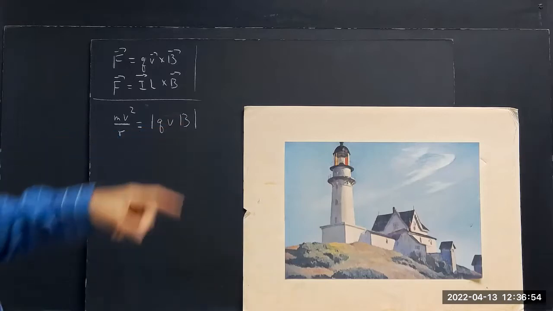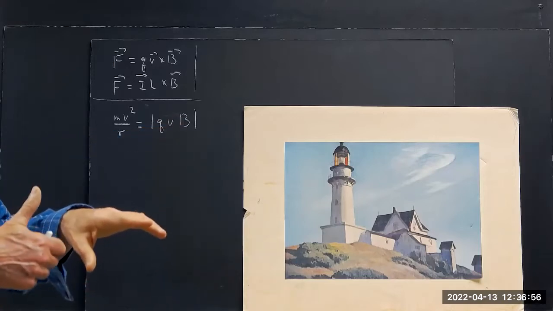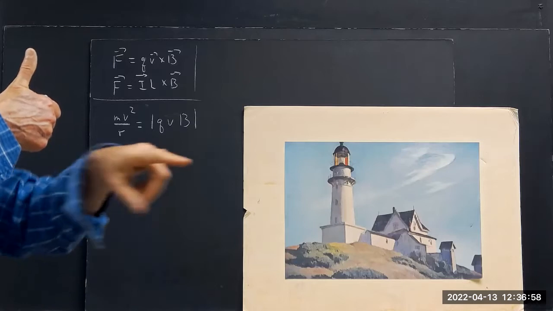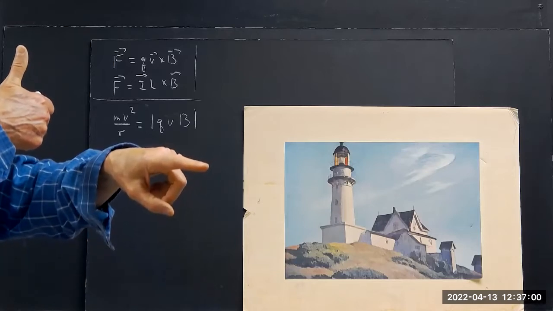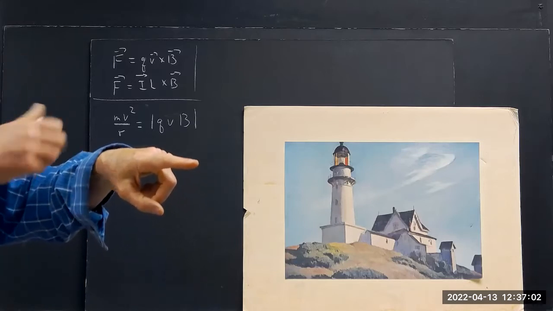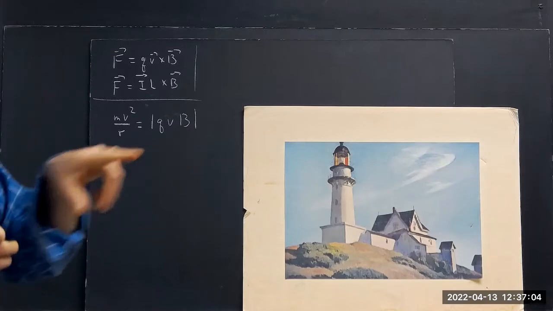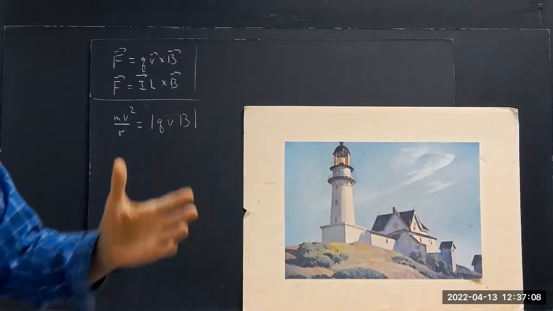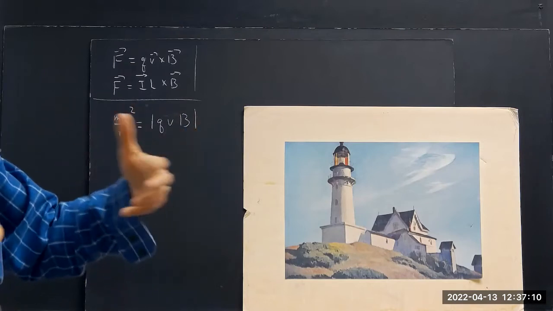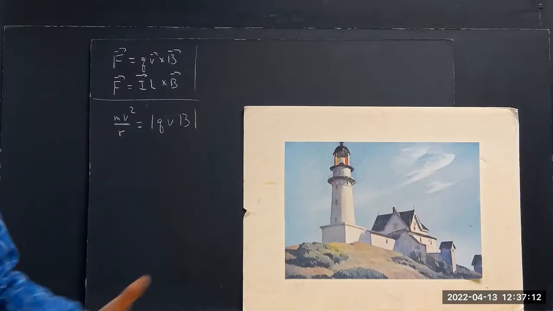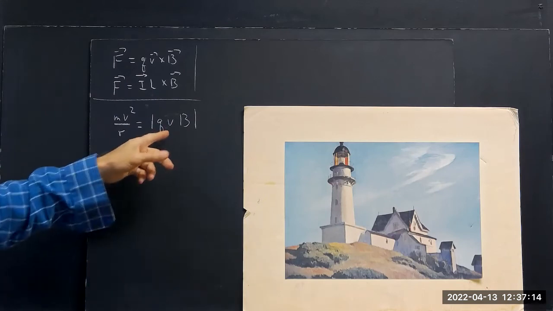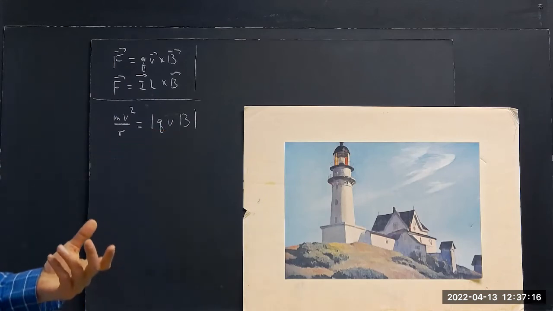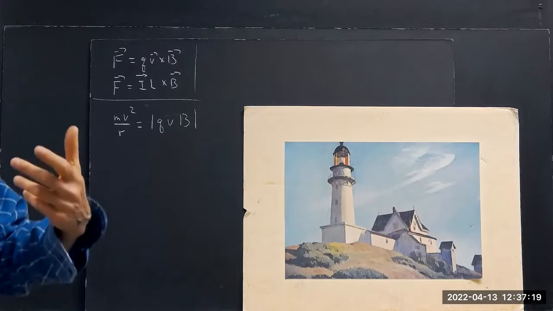Well, the magnetic field isn't going to slow it down, because the magnetic field being perpendicular to the plane of motion means that the force exerted on this thing is perpendicular to its direction of motion. So that'll create a centripetal force, but it won't create a force with any tangential component, meaning that there's no change in its velocity, only change in its direction.